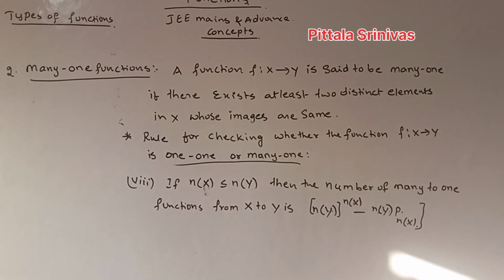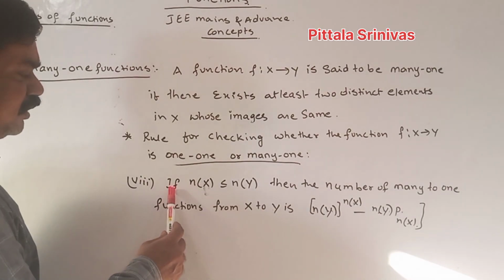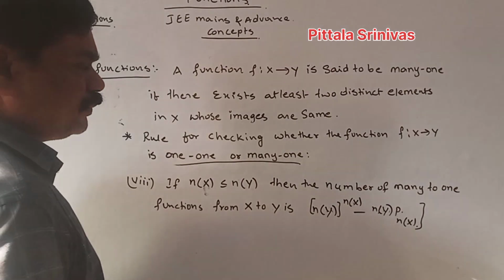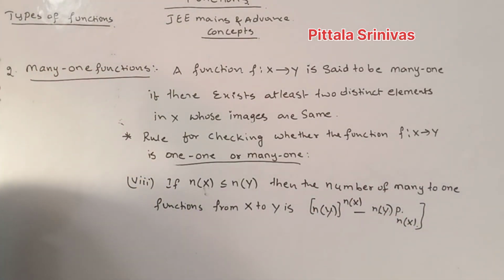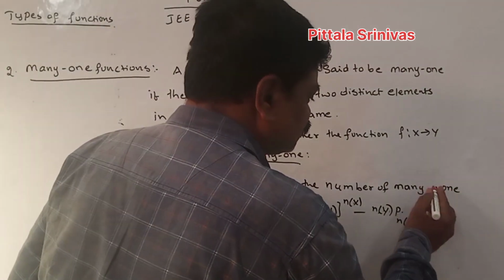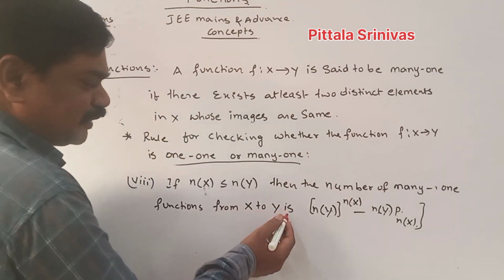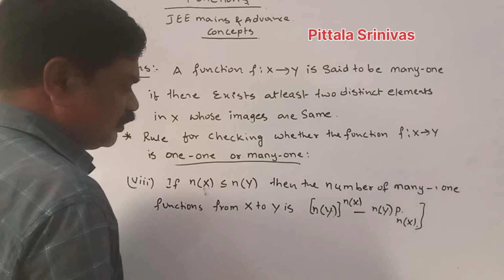Here the last rule, whether it is 1 1 function or many one function: if number of x is less than or equal to number of y, then the number of functions from x to y is number of y to the power number of x.